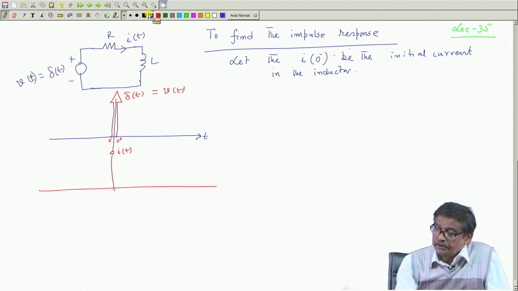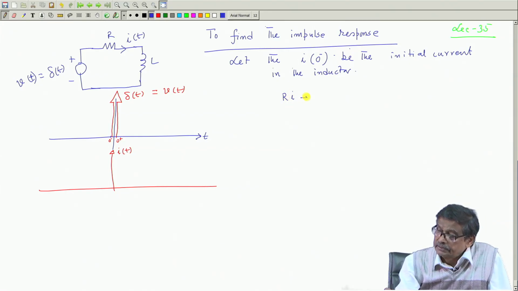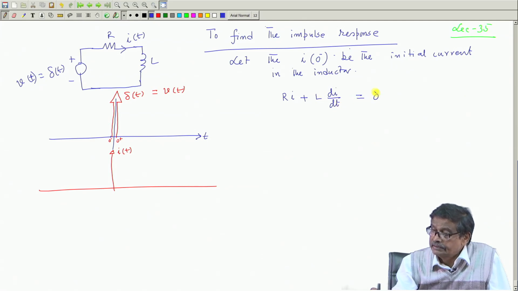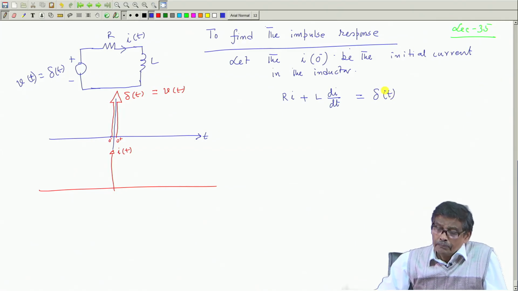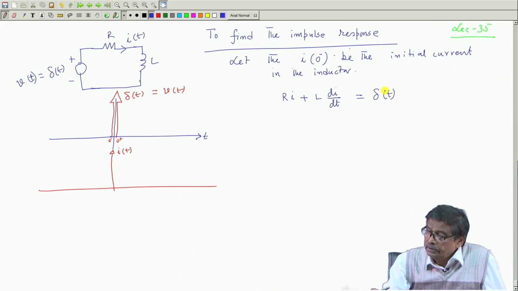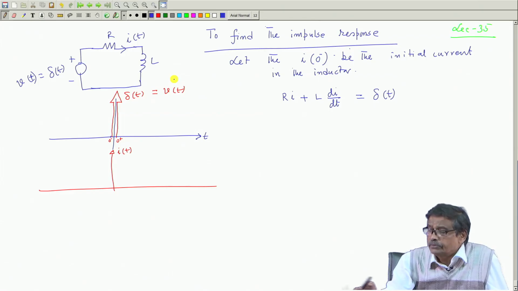KVL is to be satisfied. So, R i plus L di/dt, I will write it as delta(t), that is the voltage applied. But as I told you, delta(t) on the right hand side has an amplitude that is infinitely large. So, you cannot proceed further with this equation.